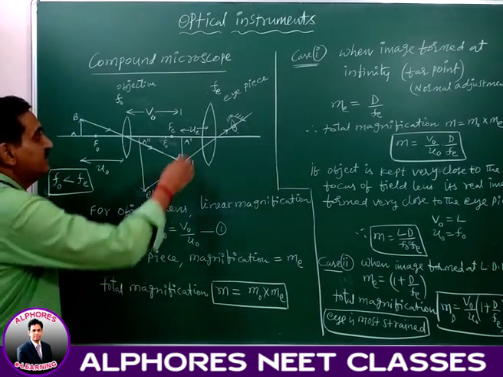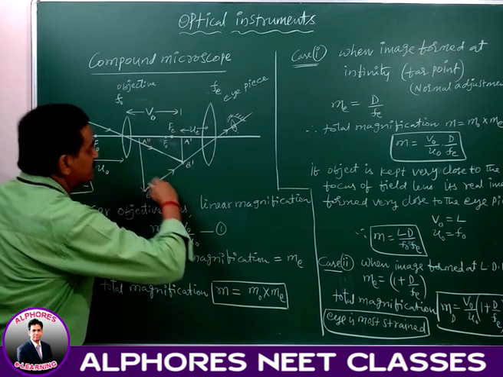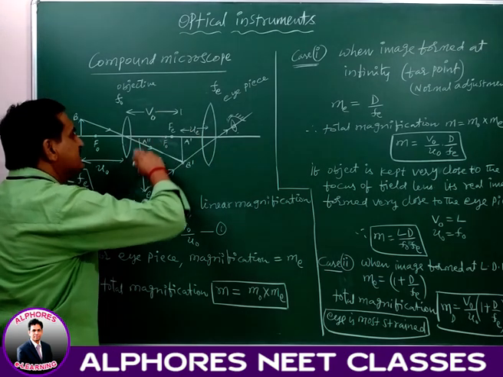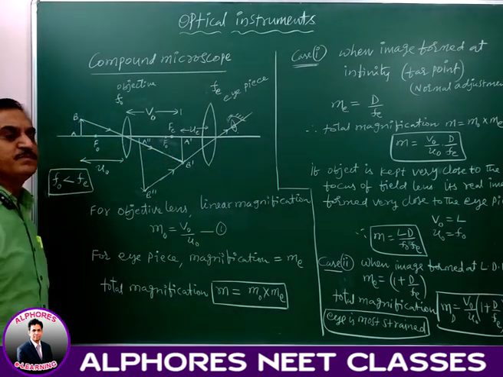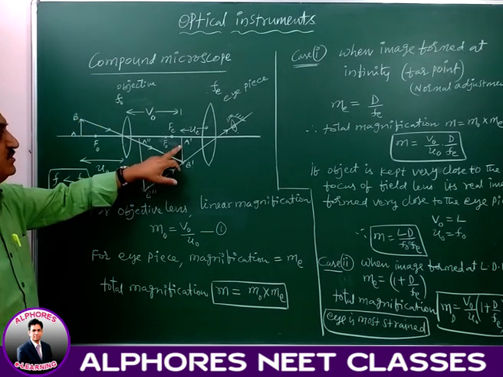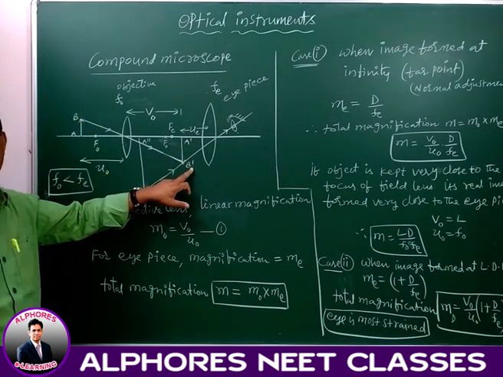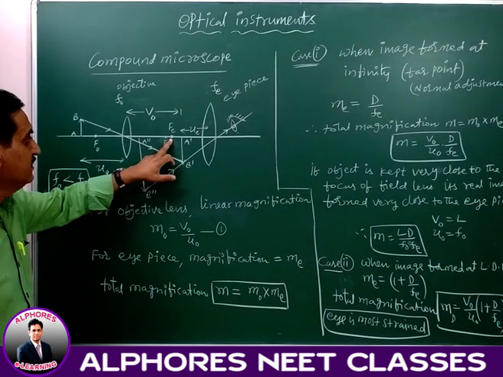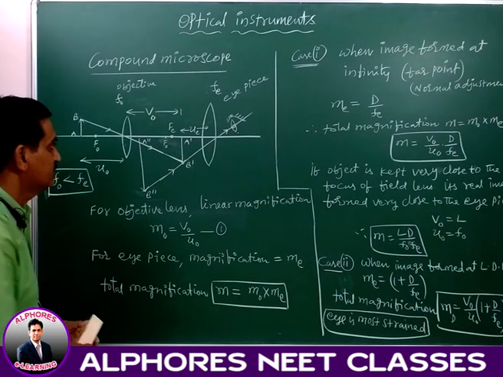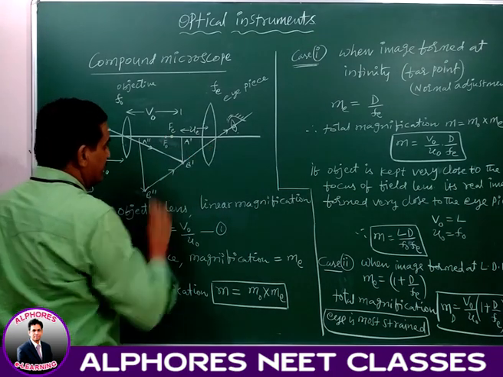So the total construction of the second lens, that is the eyepiece, is just like a simple microscope. Only the objective lens gives its image. That image A'B' is a real image, and it is formed within the focus point of the eyepiece.